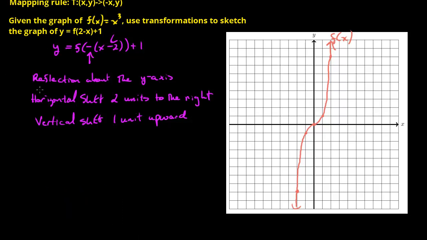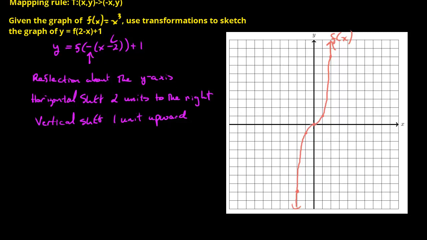So now we can go ahead and transform our function. Let's reflect each of these points about the y-axis, and then shift them 2 units to the right and 1 unit upward.